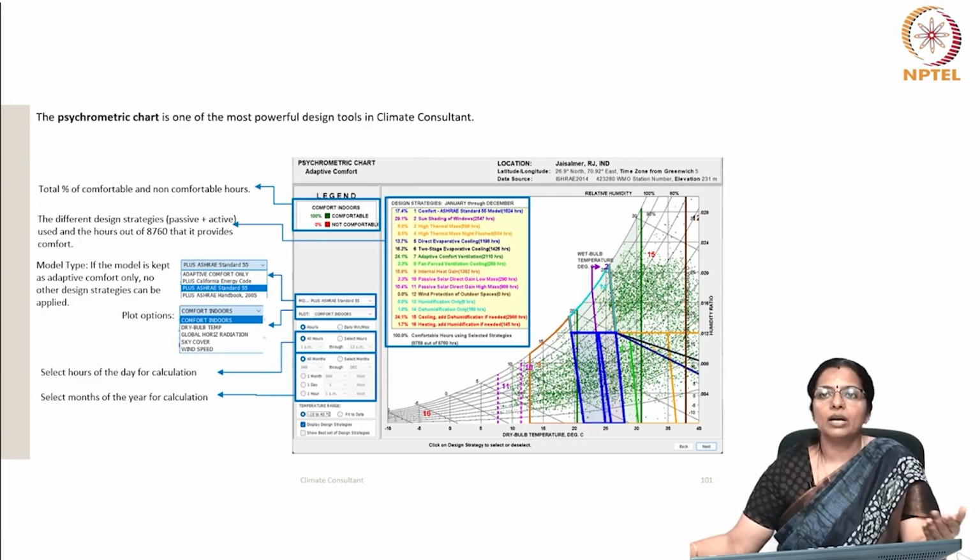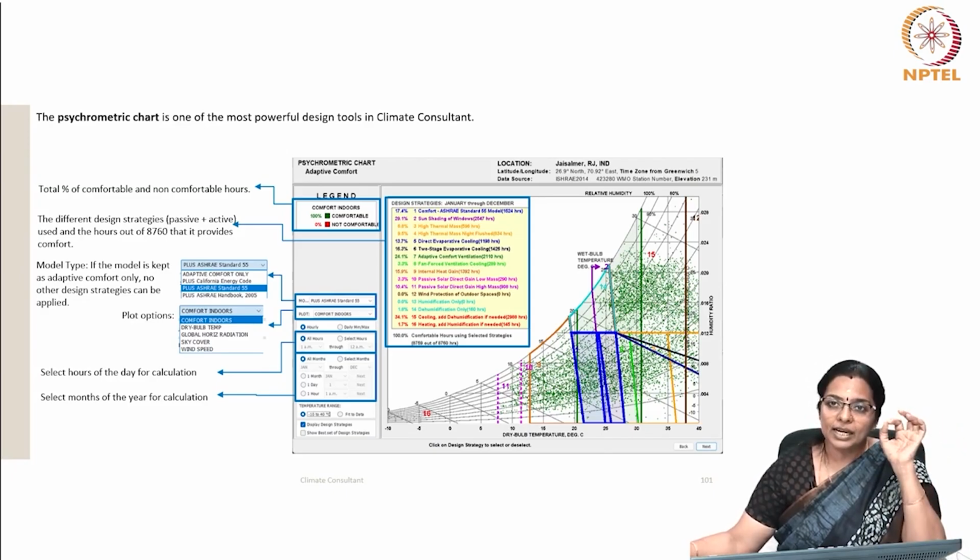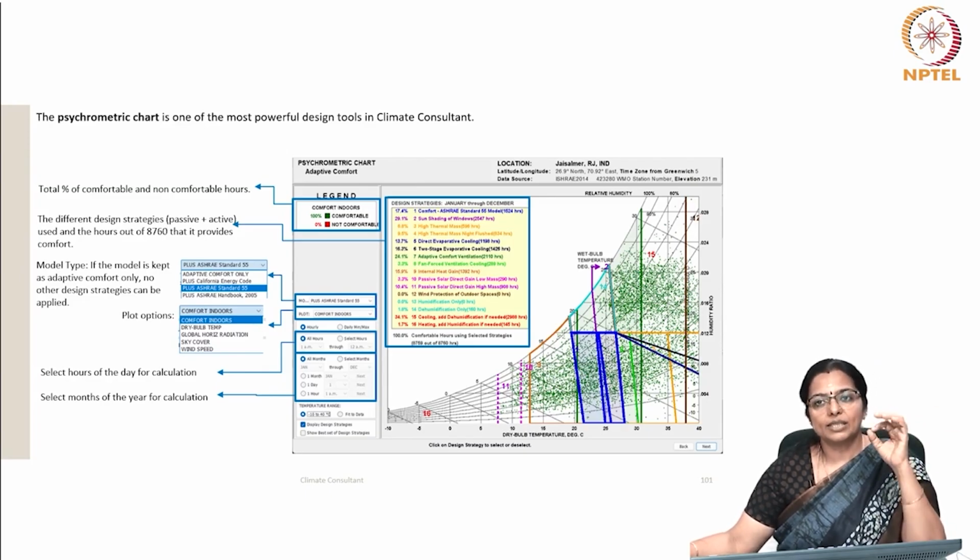For example, when a given temperature and humidity occurs more than once in any month, a given hour's dot might meet the criteria for more than one strategy zone, in which case it is counted in the percentage of hours for both the zones, which is why sometimes the percentages add up to more than 100%.